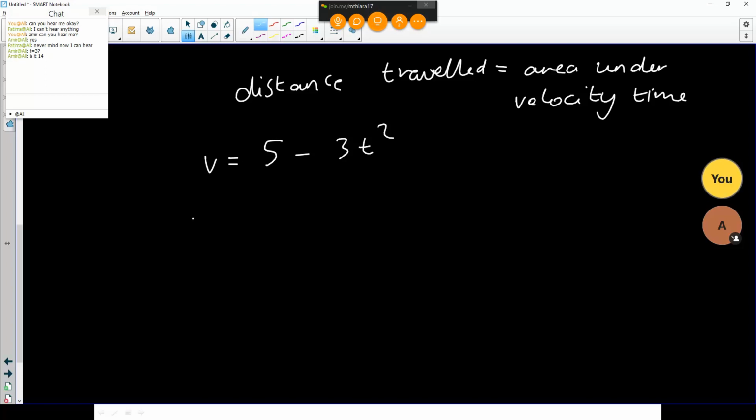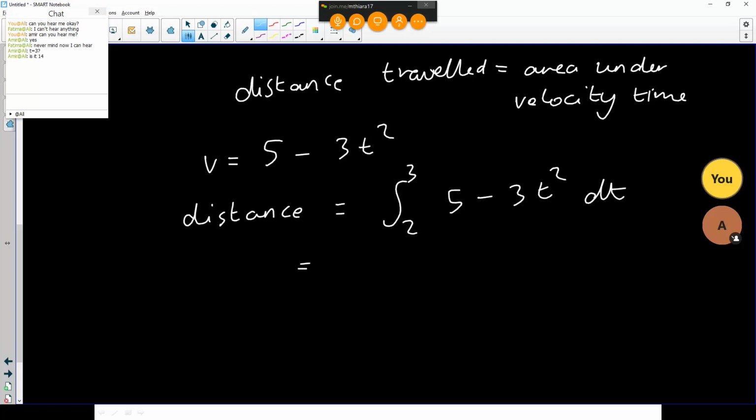So the distance in the third second is going to be equal to the integral from 3 to 2, because that will give you the distance travelled only in the third second, of 5 minus 3t squared dt. So working with this, I've already worked out the integral 5t minus t cubed between the limits of 3 and 2.